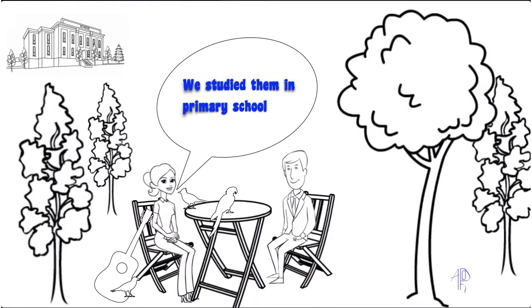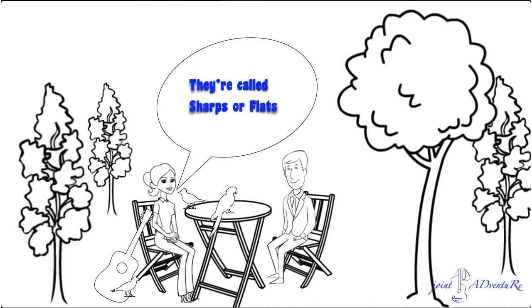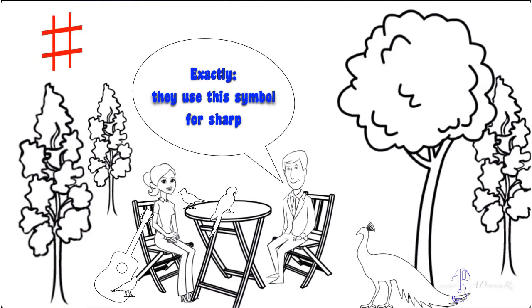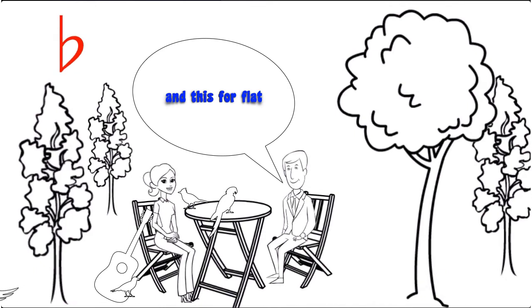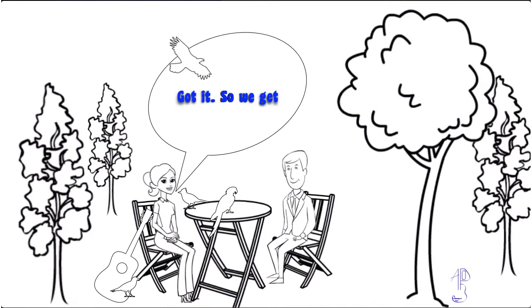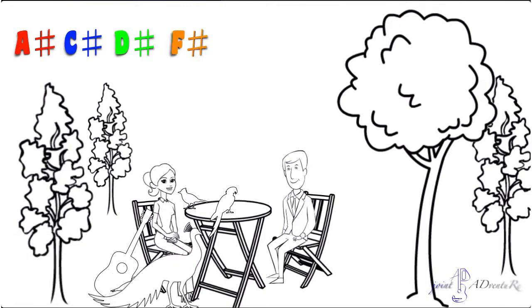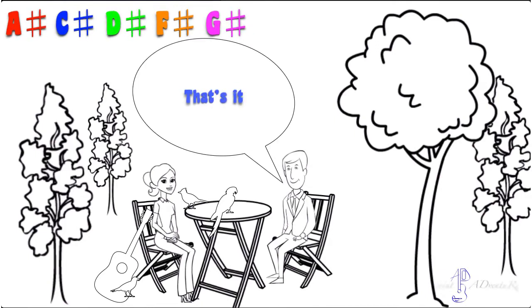We studied them in primary school. They're called sharps or flats. Exactly. They use this symbol for sharp and this for flat. Got it. So we get A sharp, C sharp, D sharp, F sharp, and G sharp. That's it.